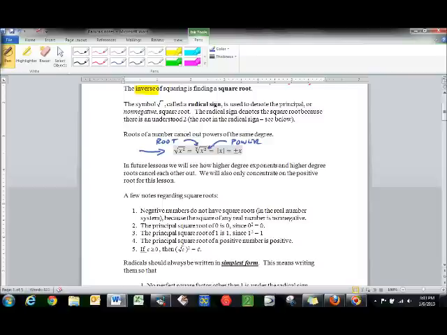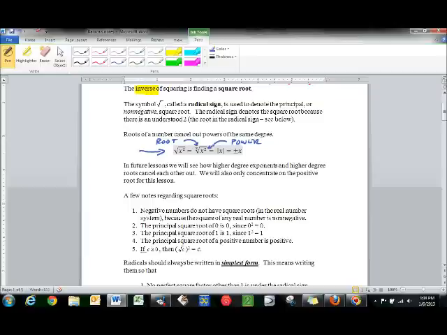And if the root and the power are the same, they actually cancel each other out. Now, this will actually give us the absolute value of that term. And if you recall from previous lessons, anytime we have the absolute value of a term, we have the positive and negative version of that particular value. So we can see here that the square root of x squared is actually equal to plus or minus x.